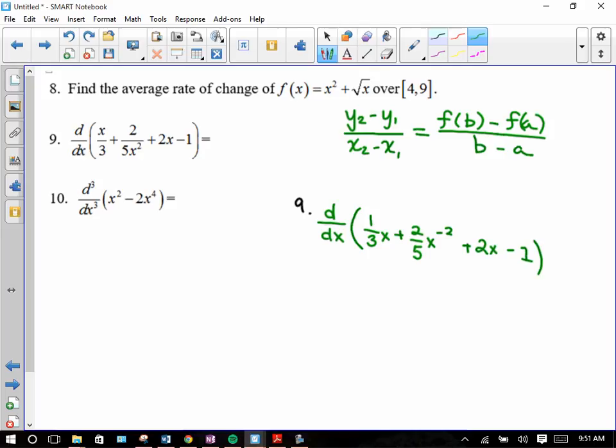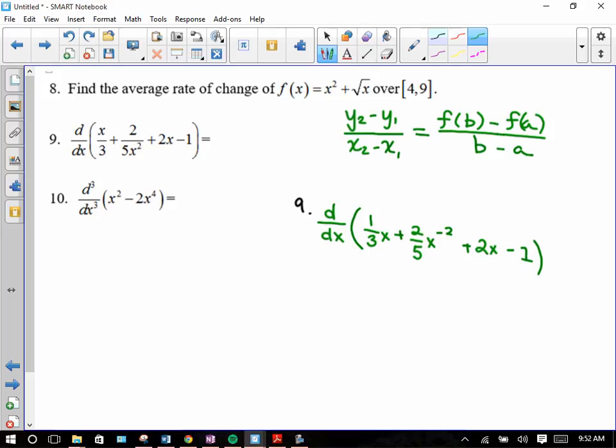Okay? So how would I take the derivative of this? Do like I usually do, which means I can do each piece individually, right?